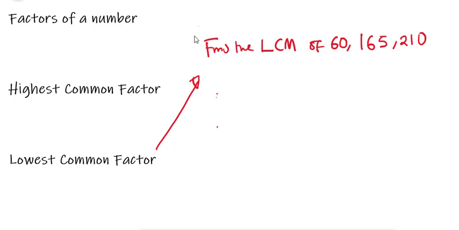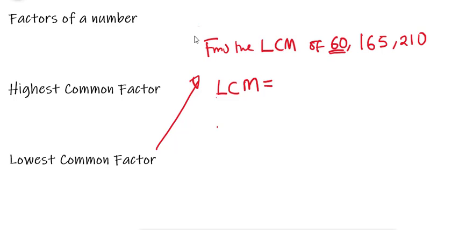Okay, so what this simply means is that the LCM will be equal to, so firstly we are going to get the multiples that we got for 60.